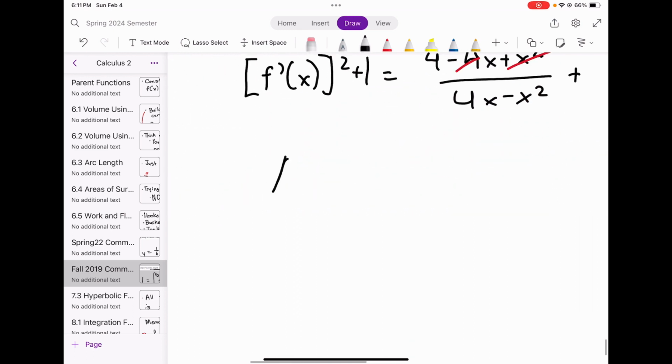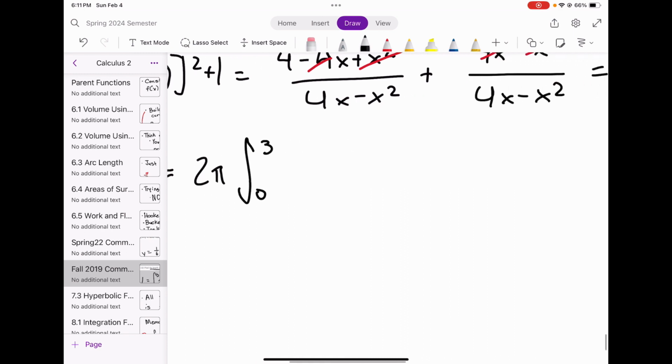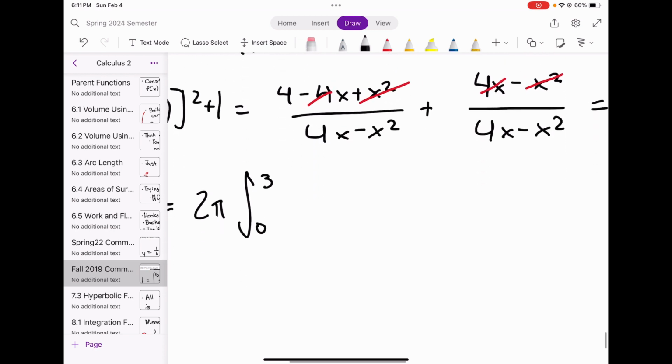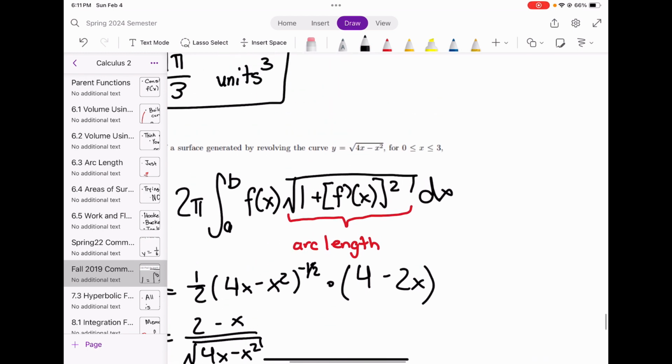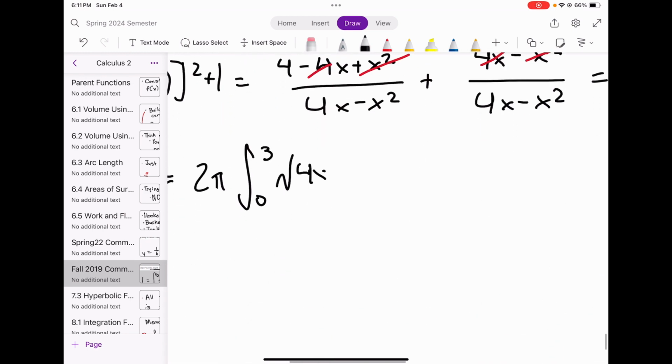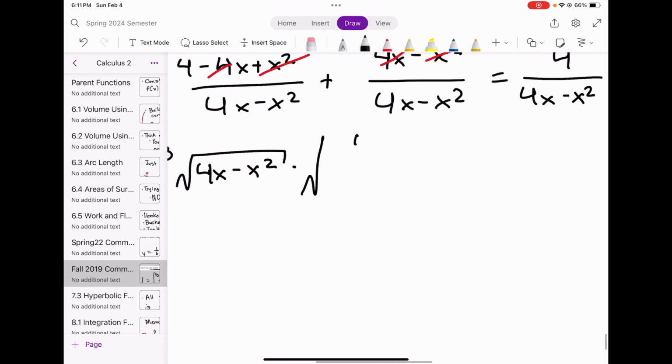So let's rewrite our equation. A is equal to 2 pi, the integral from, I think it was 0 to 3, f of x. So we need to rewrite this. What was it? Square root of 4x minus x squared, times this big square root of 4 over 4x minus x squared dx.